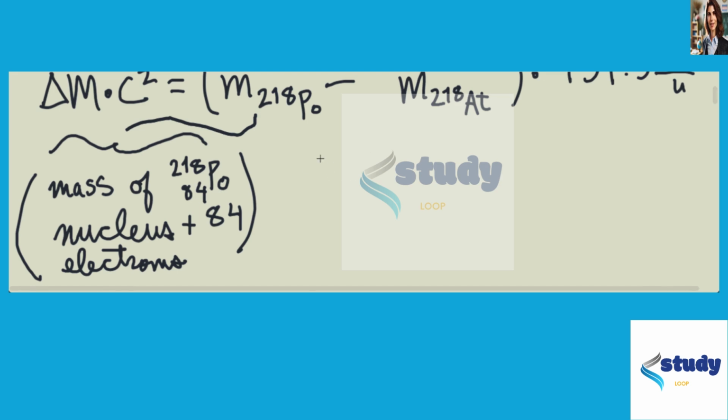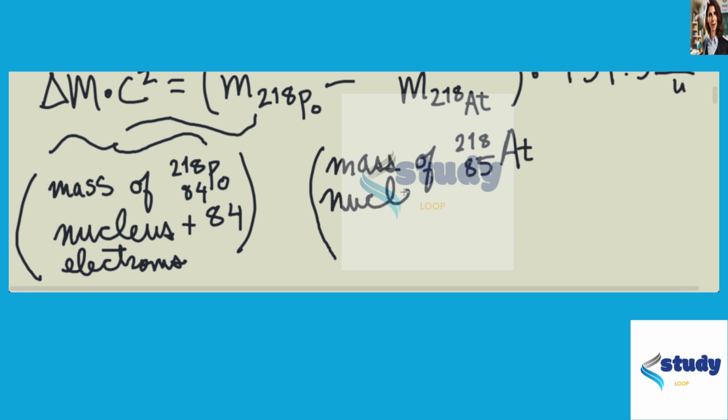In addition, our daughter atom has a mass. The mass of our 218-85 astatine nucleus is the mass of the nucleus plus 84 electrons.